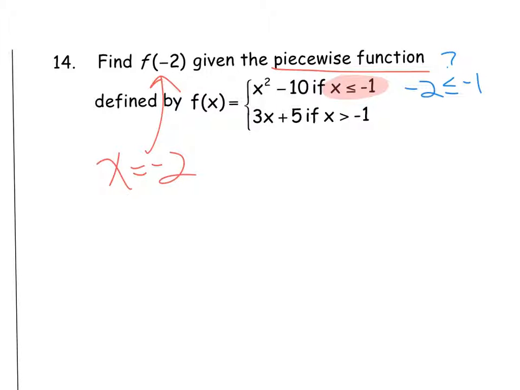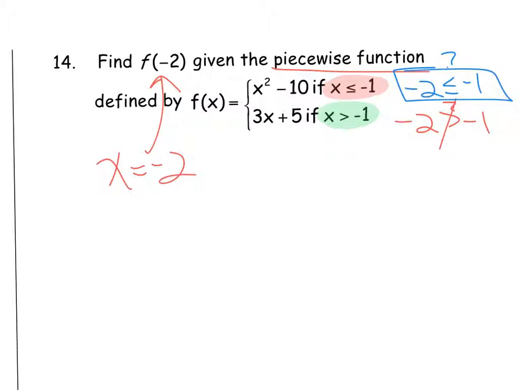Yeah, it is. If you look at the second one, guys, we are not going to be using the second one because that would be saying that -2 is greater than -1, which is not true. So we're going to use the top one.